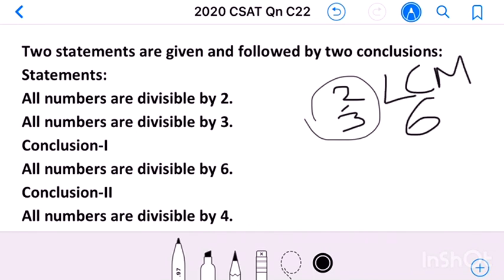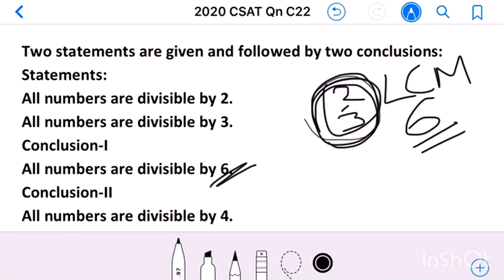It is 6. All these numbers are multiples of 6. Then see the first conclusion: all numbers are divisible by 6. Yes, all these numbers are multiples of 6, so all these numbers are divisible by 6.